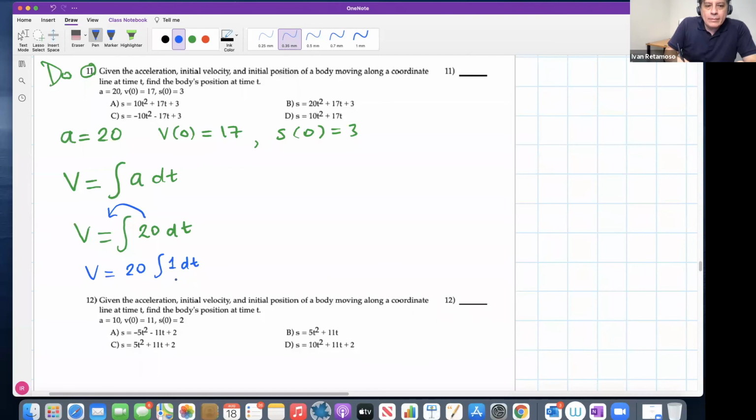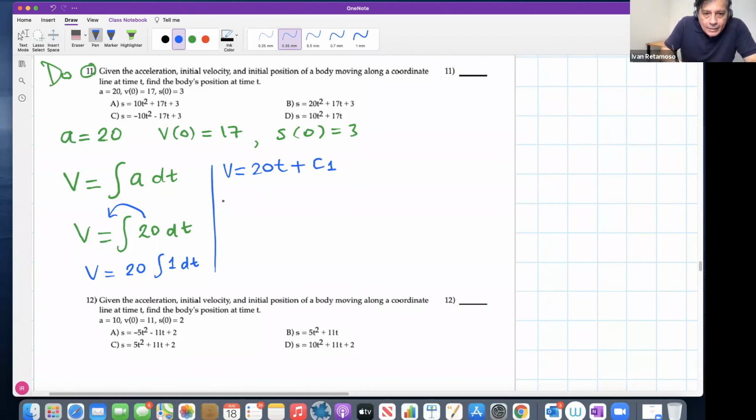Not hard to figure out that this is equal to 20 times the antiderivative of the constant function 1, which is just the identity function, t. But there is a constant there, right? I know I'm going to do this process twice, so I'm going to call this constant C1, so I don't get confused, okay? Now, this is a function.